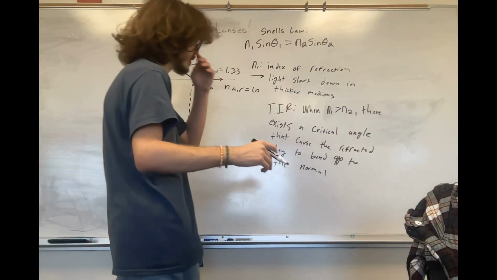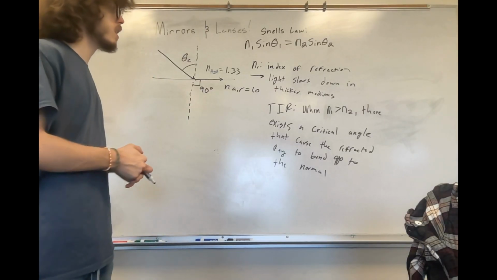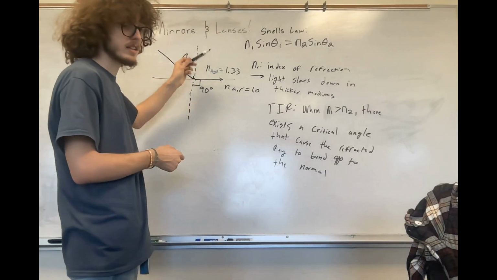Okay, so that's the definition. When n1 is greater than n2, there exists a critical angle that causes the refracted ray to bend 90 degrees to the normal. So literally just bending 90 degrees.